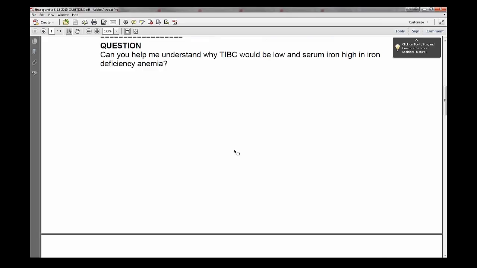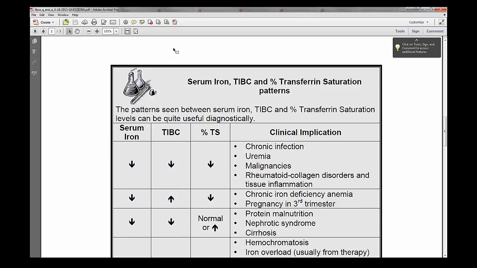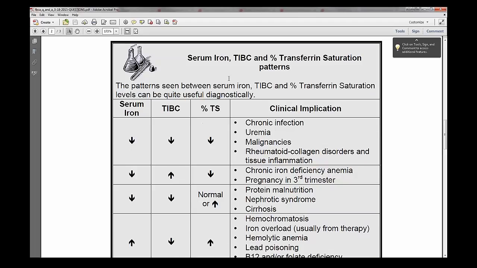I do want to point out this chart. This is from my book. If you have a copy of my book, I think it's page 173, it compares serum iron, TIBC, and percent transferrin saturation in terms of up and down arrows and tells you what the clinical implications are.